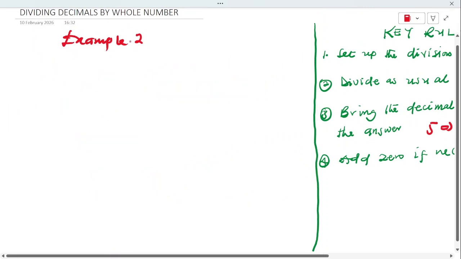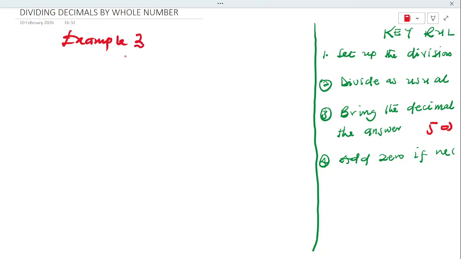Okay, so example number 3. We have this word problem.